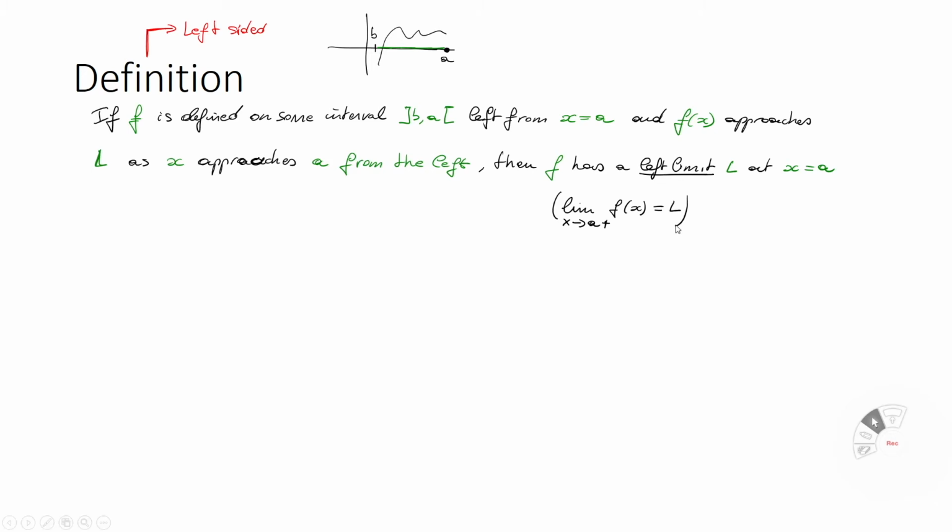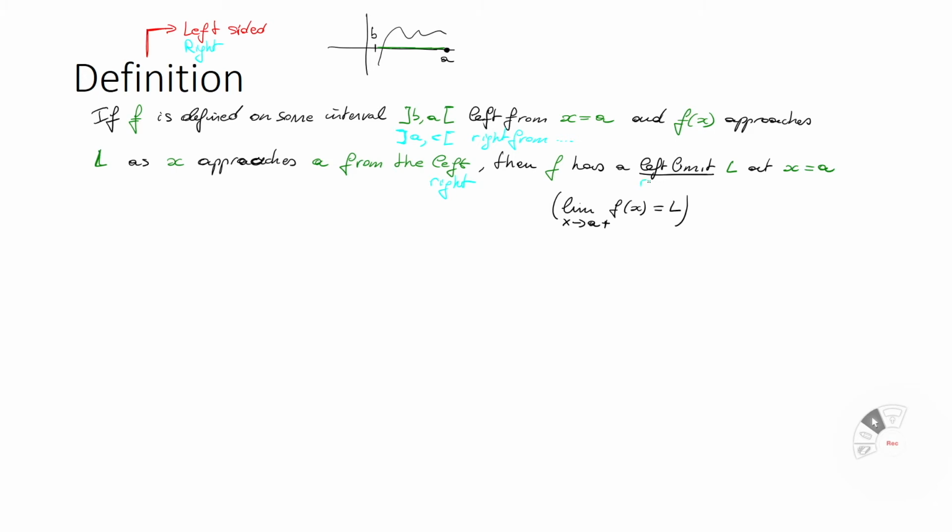Now for right-sided limits, you just have to switch left and right everywhere. So let's do that in blue. Here the function also needs to be defined on some interval that's to the right of a, and x has to approach a from the right.